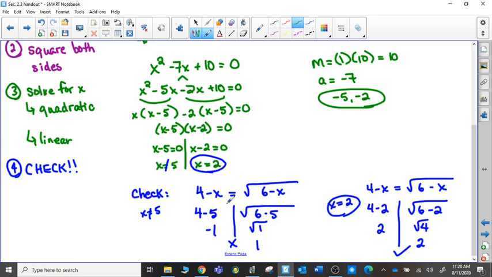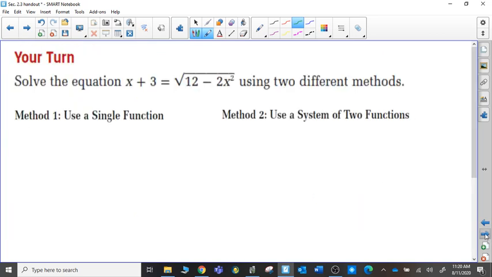All right, so we've solved algebraically, we have solved graphically. We'll take a look at a couple of other scenarios here. This question is asking us to solve an equation using 2 different methods, and I'm going to focus on a graphing method here.